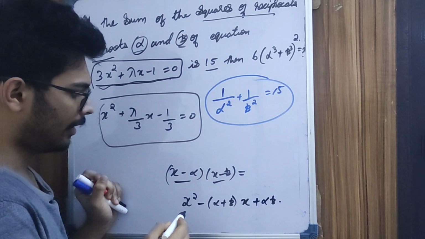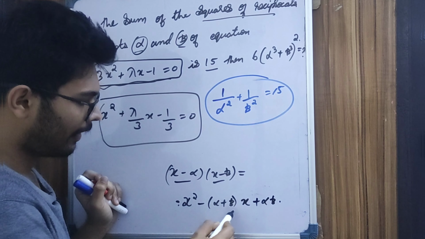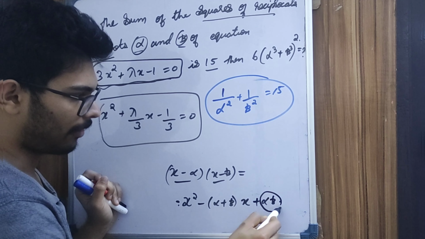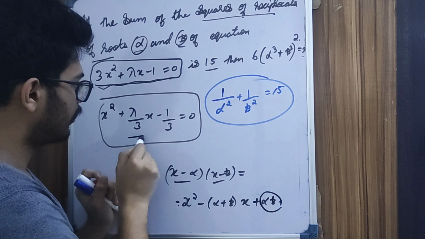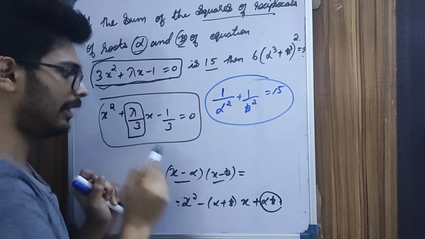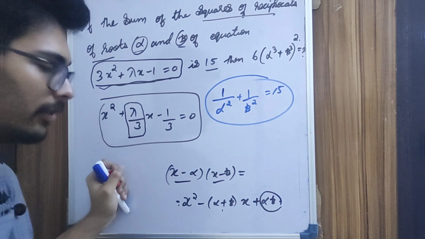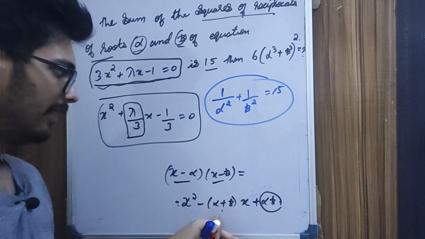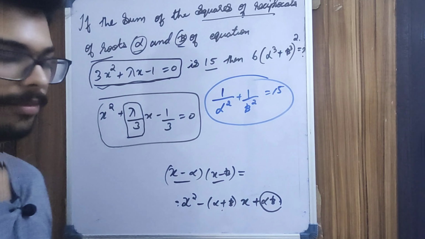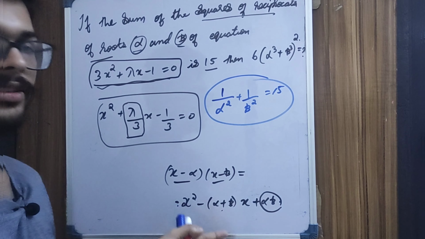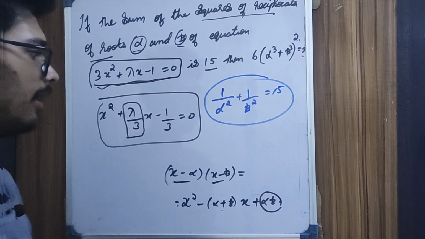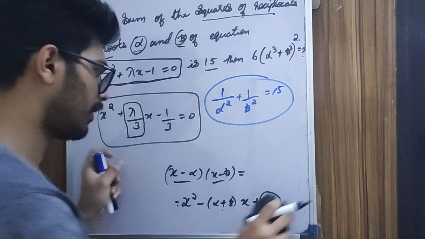So if the coefficient of x square is 1, we can directly take the constant term as the product of roots, and the coefficient of x as the negative of the sum of the two roots. This is the easiest way to do the problem. Following this practice will give you more speed, and the answer will be more accurate.